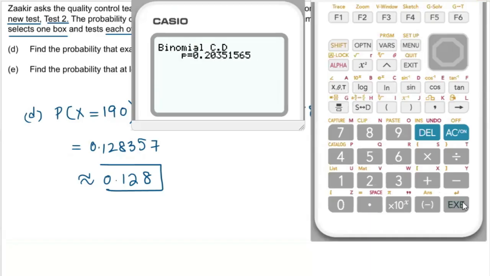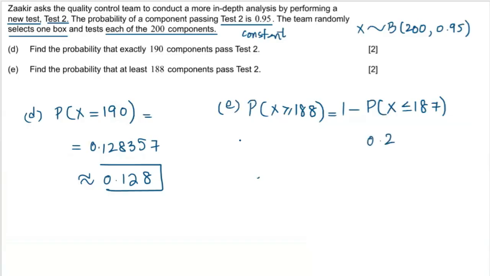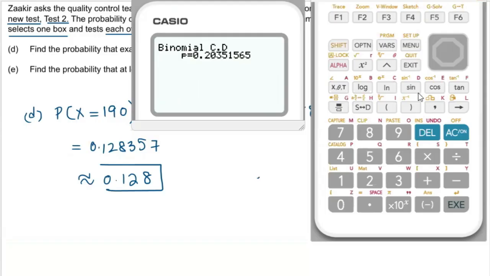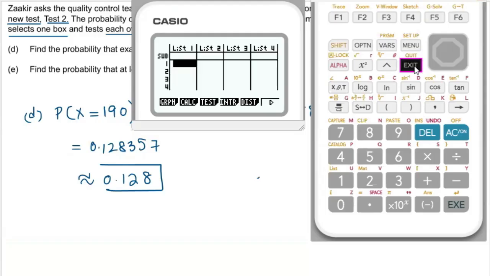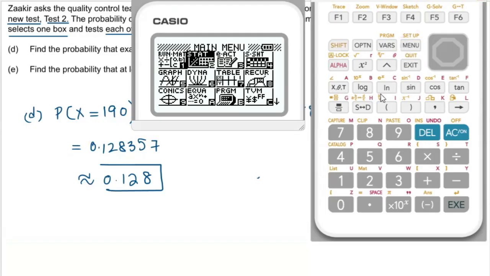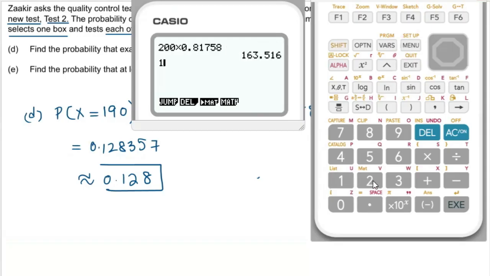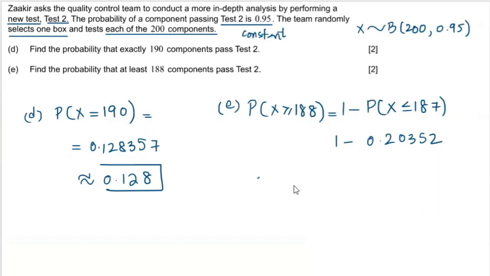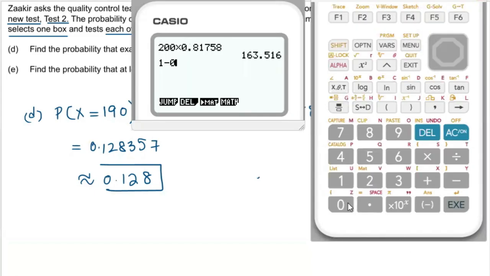So this is 0.20352. 0.20352 subtracted from 1. Let's see what we get. So go out to the menu, 1 minus 0.20352.